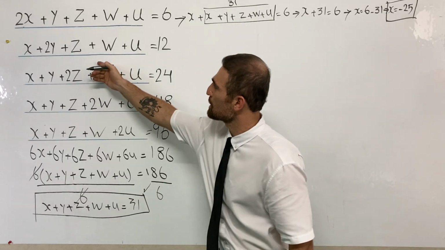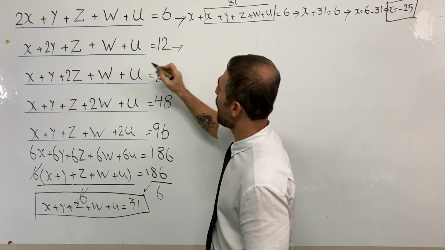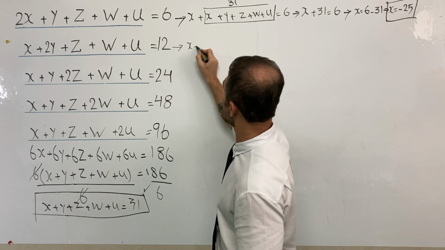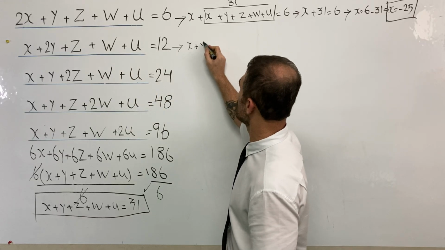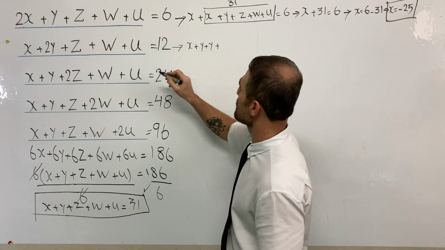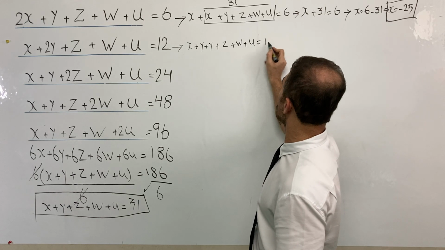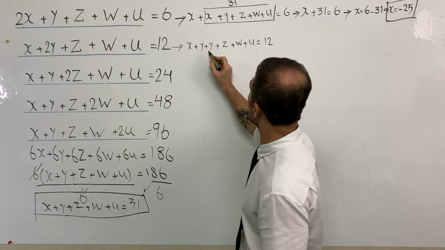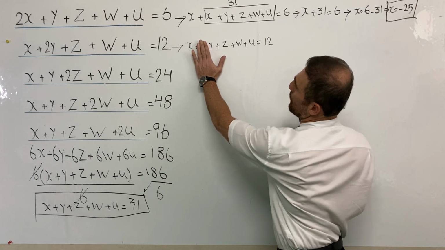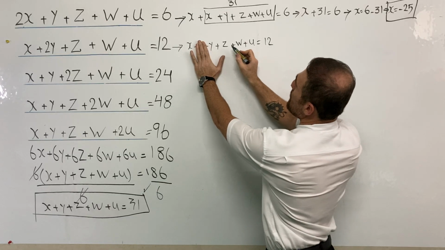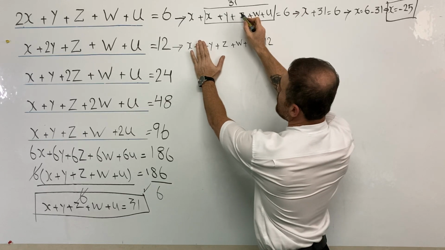Next, what is the second equation? I can write it as x plus 2y is same as y plus x plus y plus z plus w plus u equals 12. Now, if I cover this one, what is the value of x plus y plus z plus w plus u? 31.